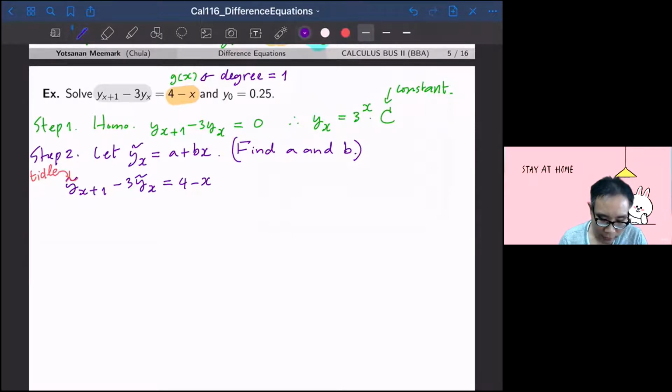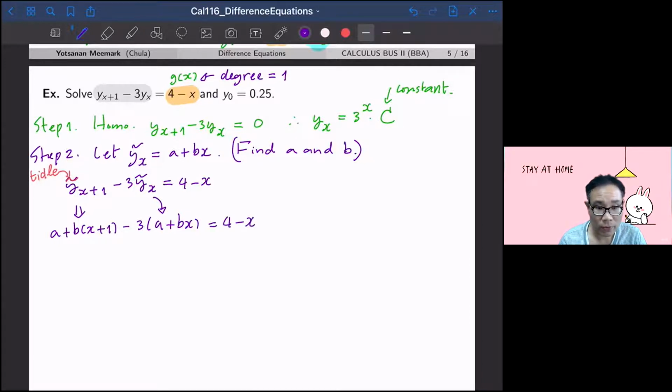For this one, you're gonna plug in x equal to x plus 1, so it's gonna be a plus b(x+1). That will be your y(x+1) minus 3 times y(x), which will be a plus bx. This guy will be your y tilde, equal to 4 minus x.